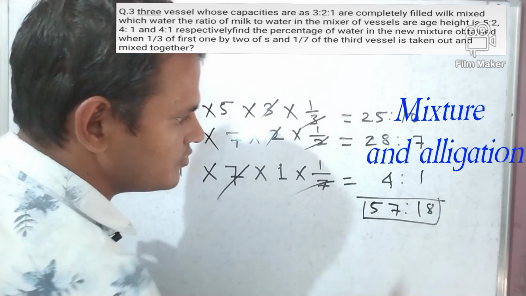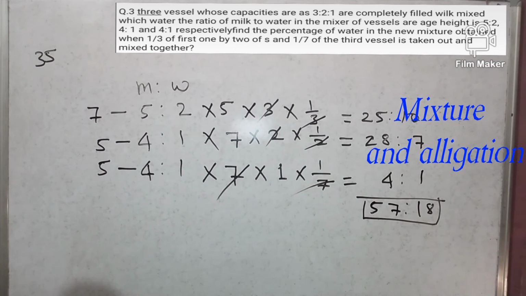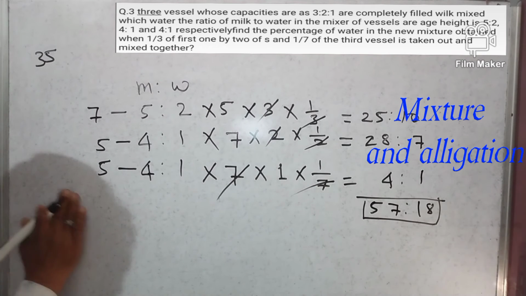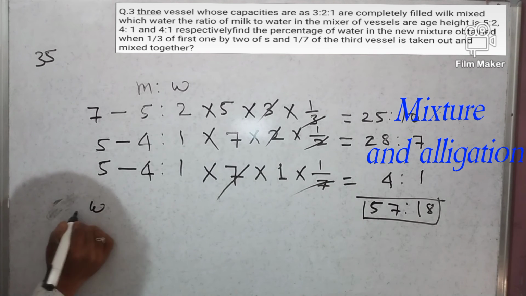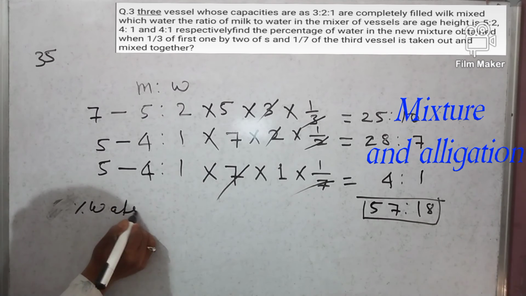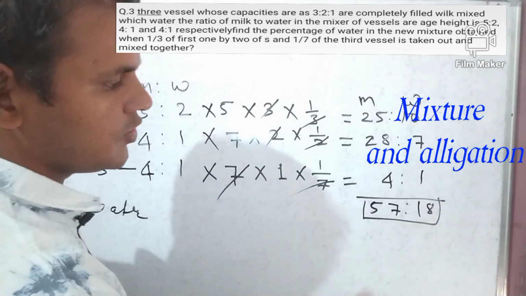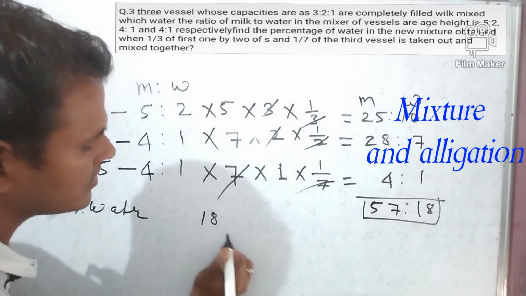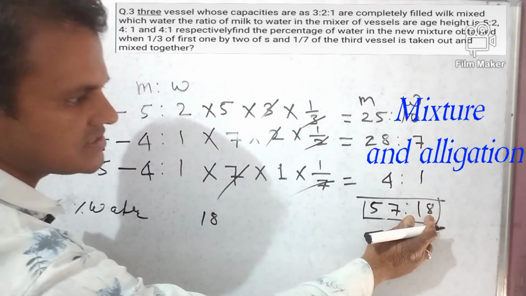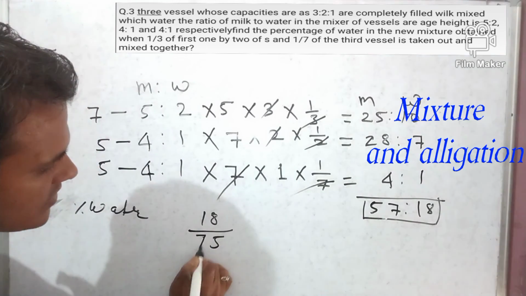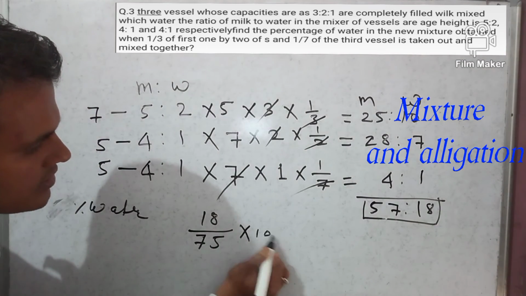So the new mixture is 57:18. And our target is to find the percentage of water. So this is milk and this is water. Water is 18 out of 57 plus 18, which is 75, into 100.